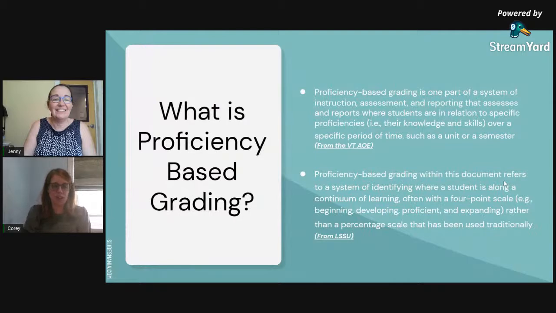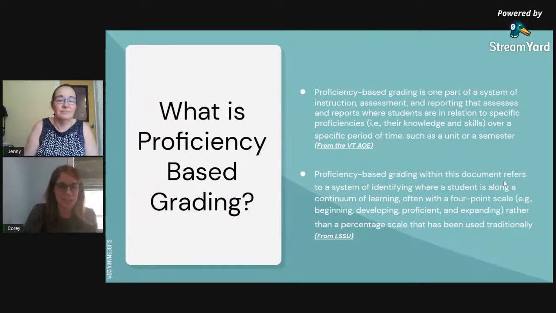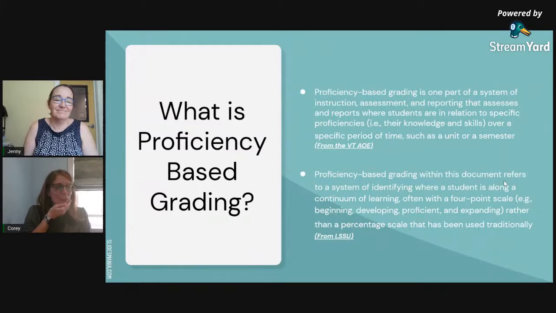All right, so the first question that we are going to answer is just, what is it? What is proficiency-based grading? And I found two different definitions. They're very similar, but from two different places. The first one comes from one of the AOE documents.